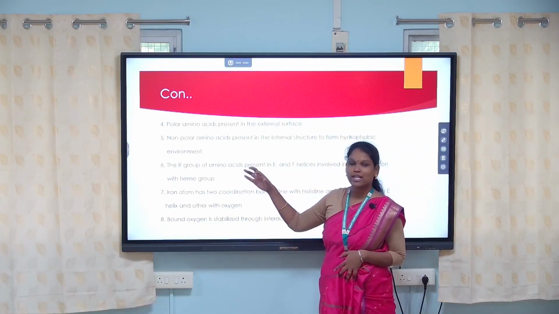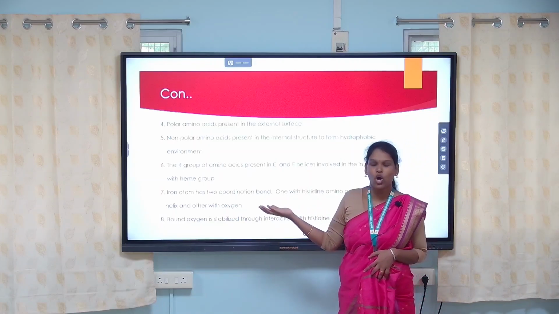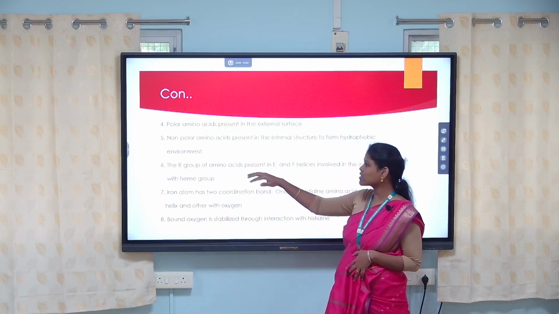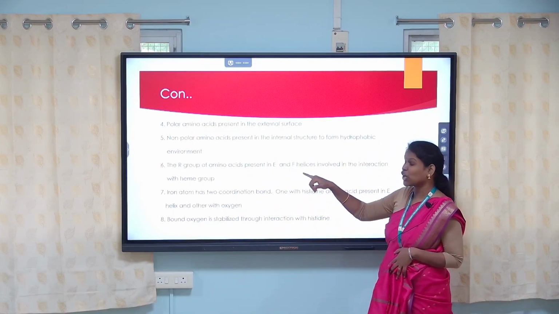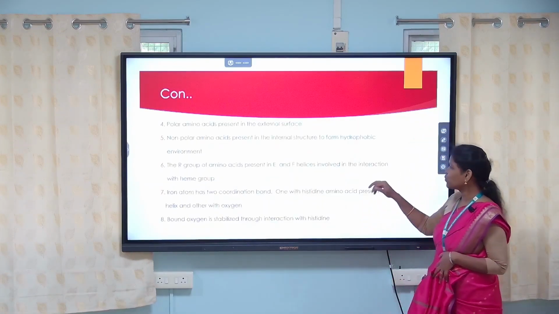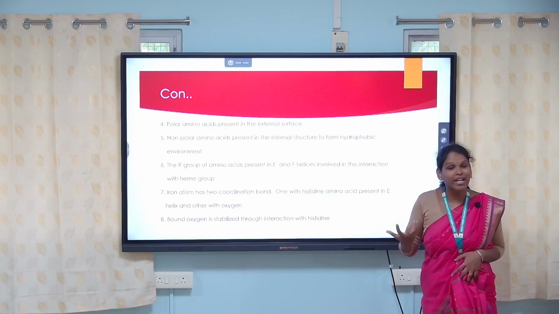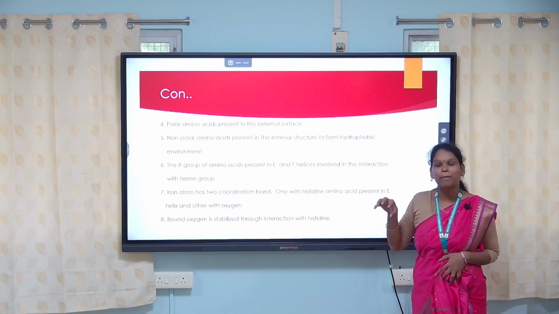And the R group, of course we know, is nothing but the side chain of the amino acid. The R group of amino acids present in the E and F helical structures is involved in interactions with the heme group to carry and bind oxygen in the muscle cells.